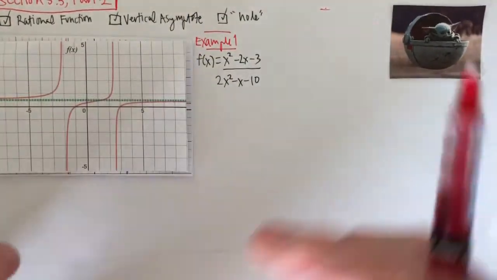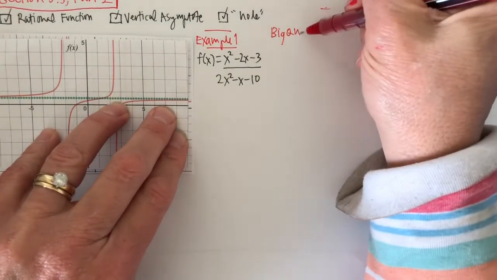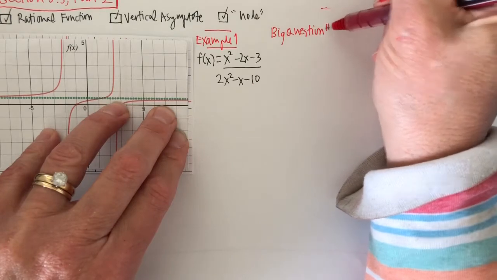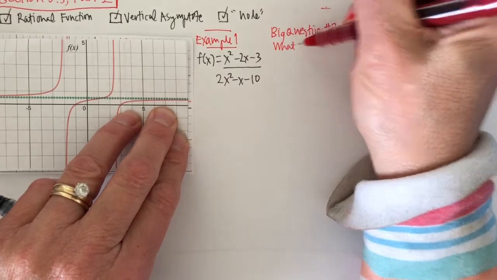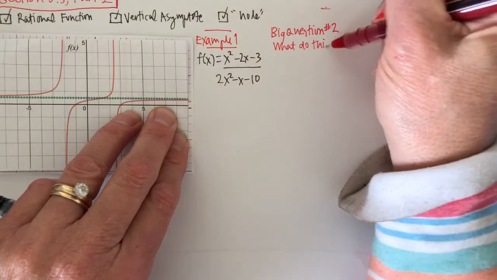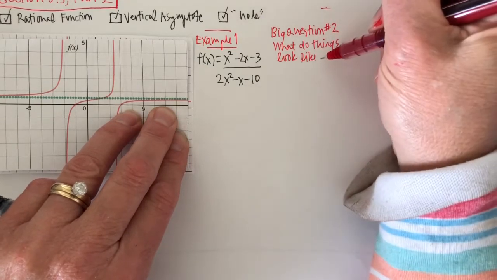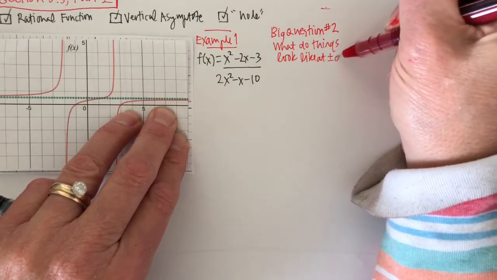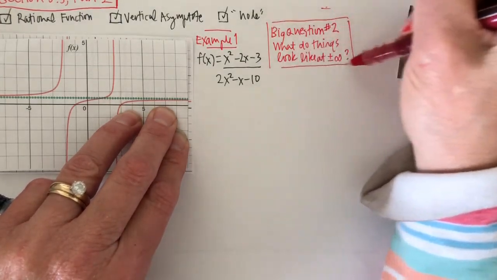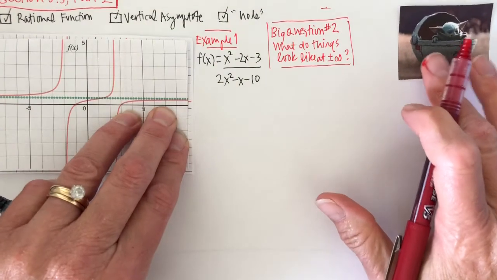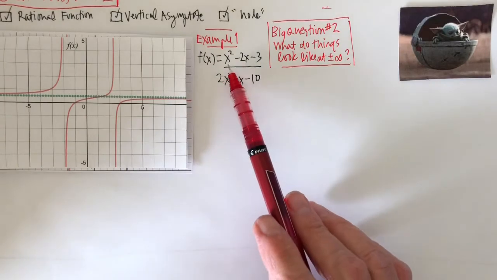So the next big question that we want to answer is, what do things look like at positive and negative infinity for a rational function? And how can we determine that just from knowing the algebraic function?